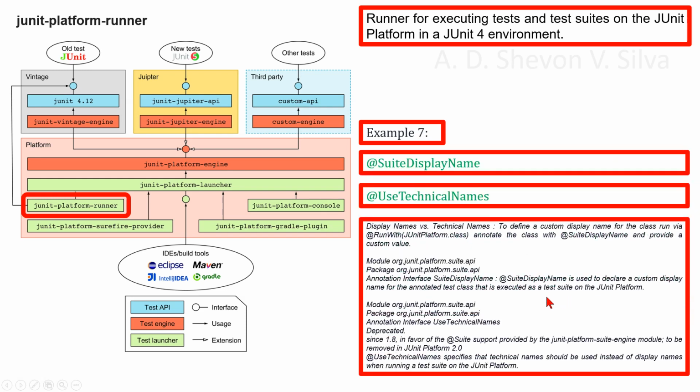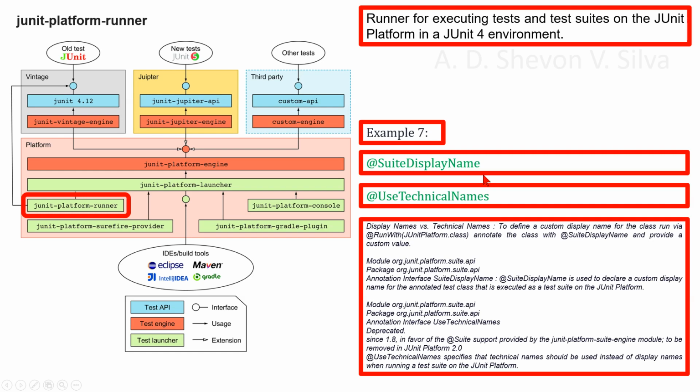Now we are considering display names versus technical names. To define a custom display name for a test class run via @RunWith(JUnitPlatform.class), annotate the class with @SuiteDisplayName and provide the custom value.